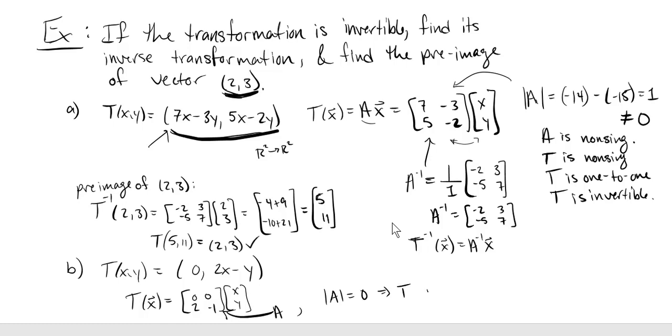That implies T is not invertible. It implies there are multiple vectors xy that map to the 0 vector, multiple vectors xy in the kernel. T is not invertible. T is not 1-to-1. It has a kernel other than just the 0 vector.